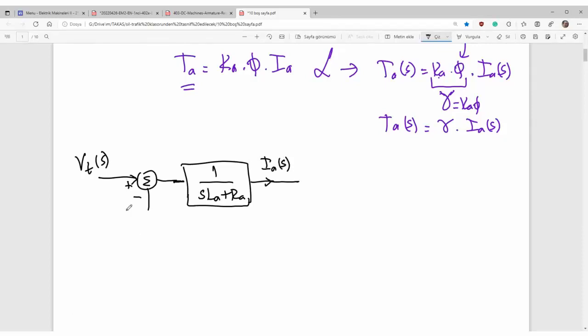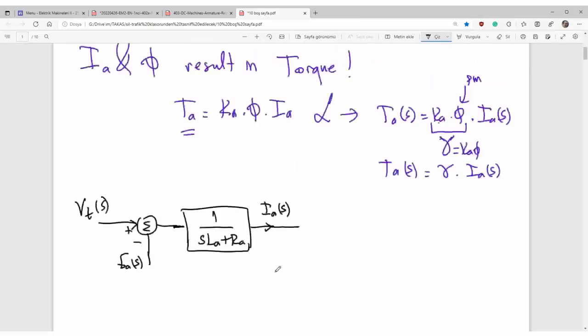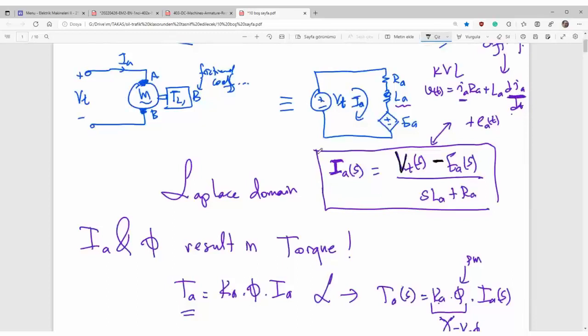Here must be the armature EMF in s domain. That is the diagram for this black one.